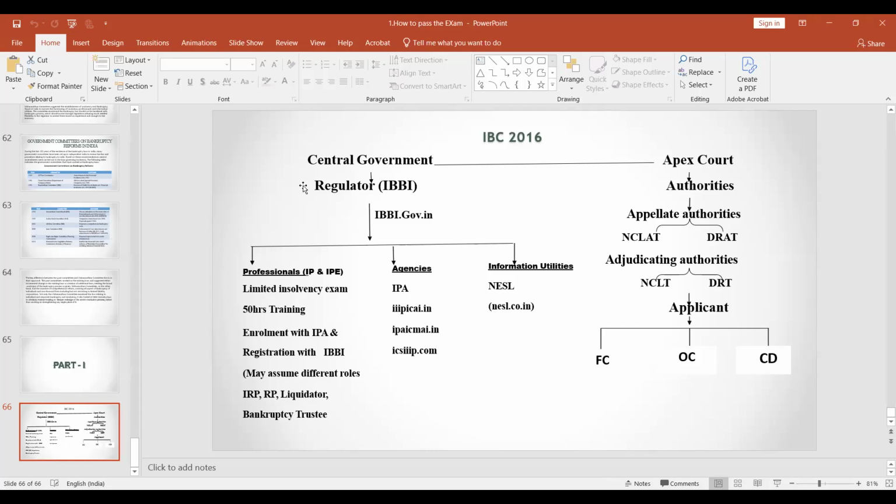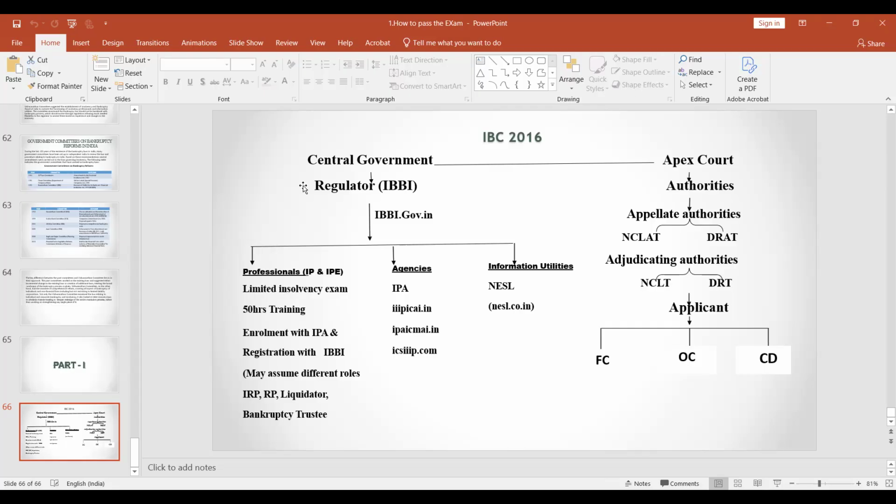And the university will be regulating not only the student but the college as well. So similarly here, IBBI is regulating not only insolvency professionals but insolvency professional agencies. But insolvency professionals are regulated by both the agencies as well as the IBBI.